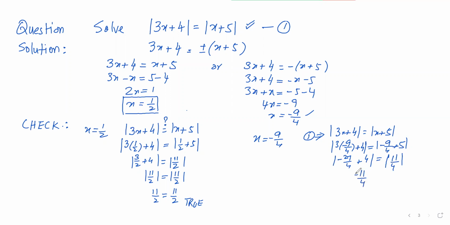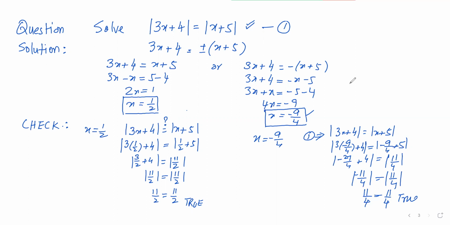Minus 11 over 4 modulus is equal to 11 over 4. And we know through the definition that 11 over 4 modulus is 11 over 4. 11 over 4 is equal to 11 over 4. Again, this is true. So highlight this, this is the answer, minus 9 over 4.